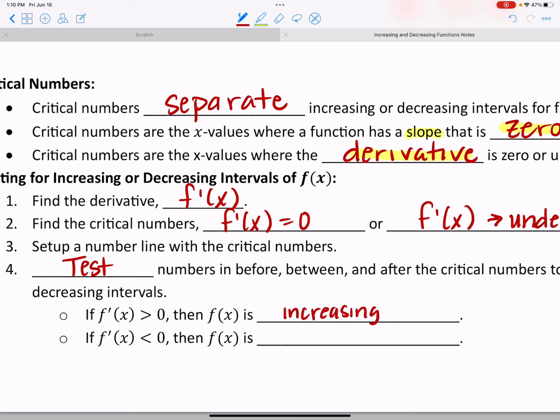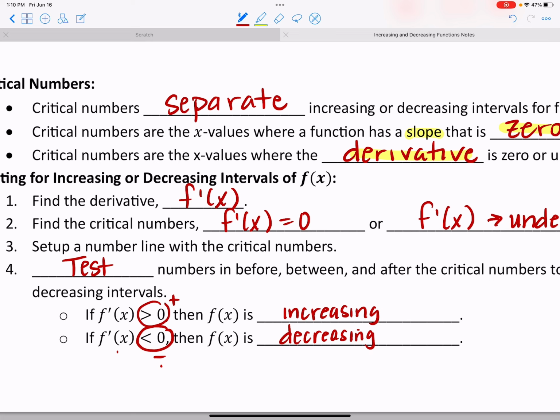So greater than 0 means positive. If we plug into our derivative function and we get something less than 0, that would be negative. So if our derivative is negative, that means our function would have to be decreasing. And we said the reverse of that several times. So we said if our function's decreasing, then our derivative would be negative. Now just in reverse: if the derivative is negative, then the function has to be decreasing.